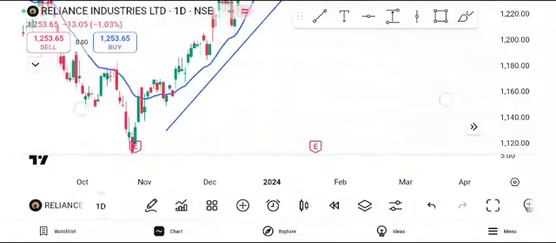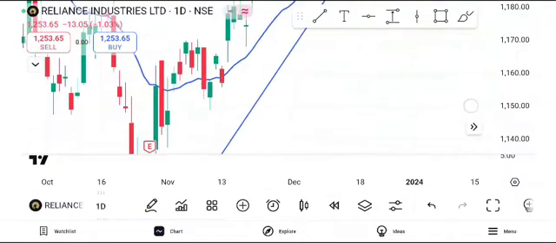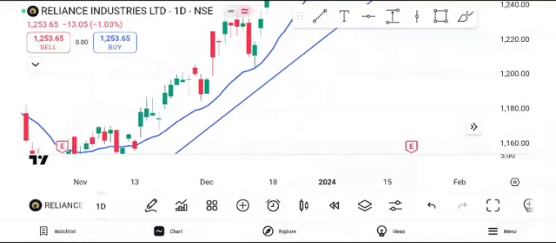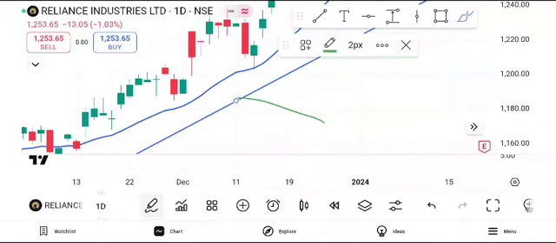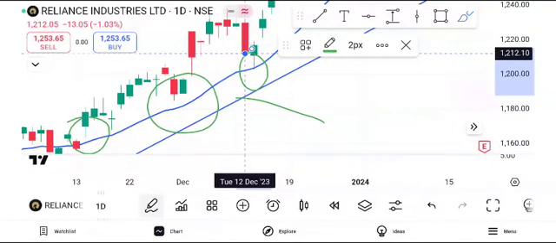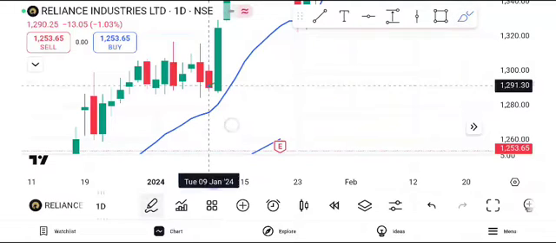This will act as the most powerful support and resistance. This 20 EMA acts as a support during an uptrend. See, this is also support and this is also support.